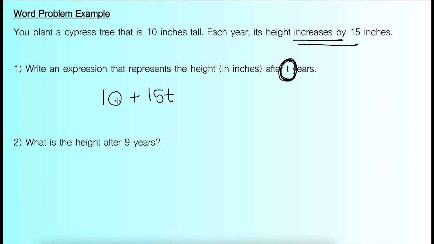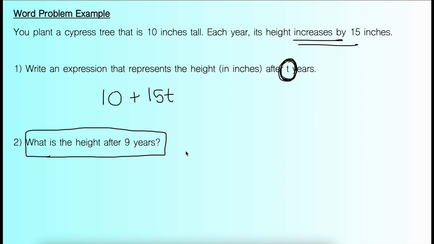That would give me the height after 1 year. If it was 2 years, I could plug in 2 for t, multiply that by 15, because 15 inches per year times 2 years would be 30, plus 10, 40 total inches. And in fact, I've got a question for you. What would the height of the tree be after 9 years?